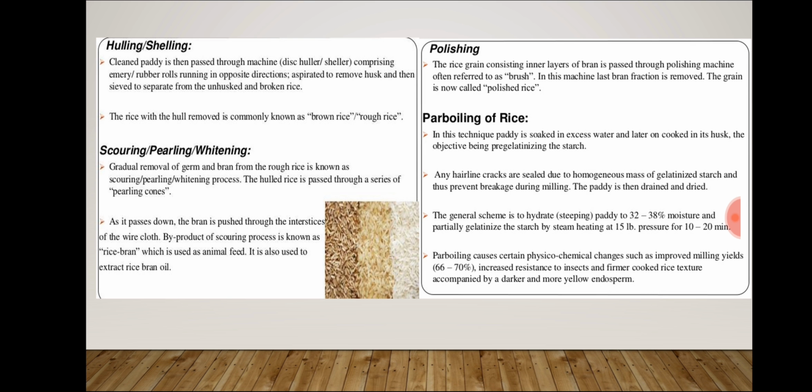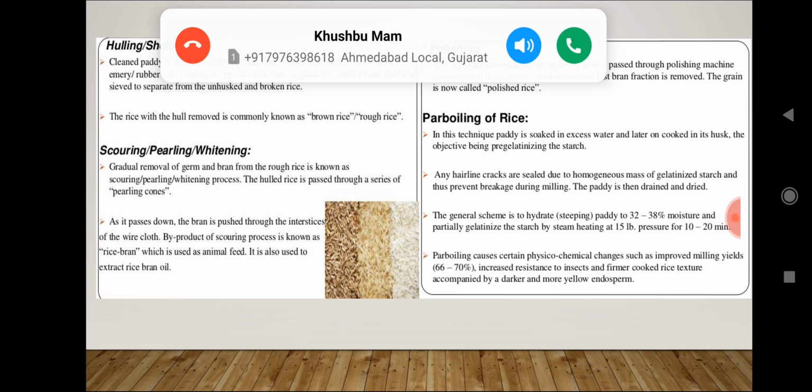Parboiling of rice. In this technique, paddy is soaked in excess water and later cooked in its husk. The objective is pre-gelatinizing the starch. Any hairline cracks are sealed by the homogeneous mass of gelatinized starch, and thus breakage during milling is prevented.